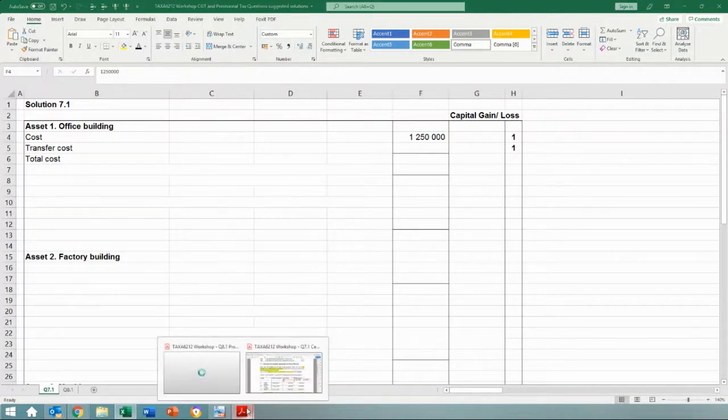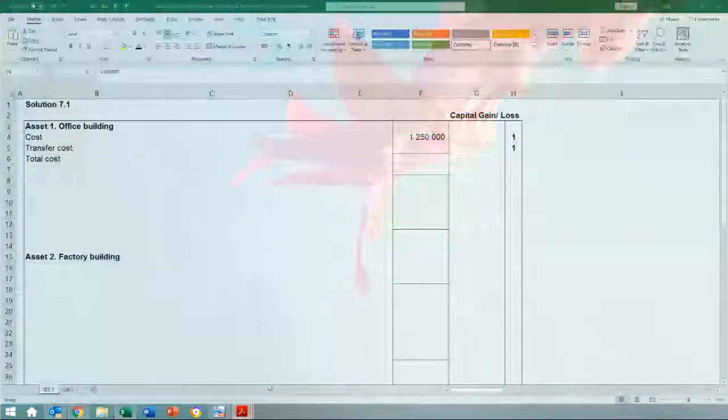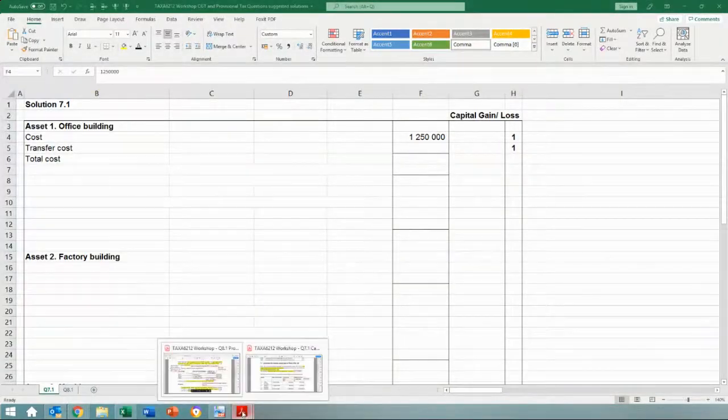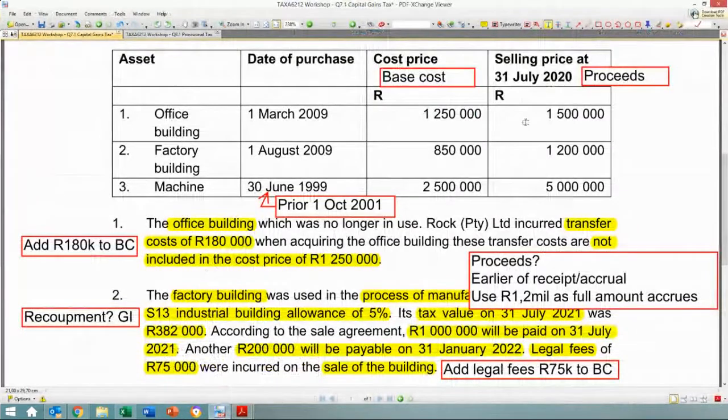Then we said based on the additional information, there was also a transfer cost of 180,000 that also needs to be included.